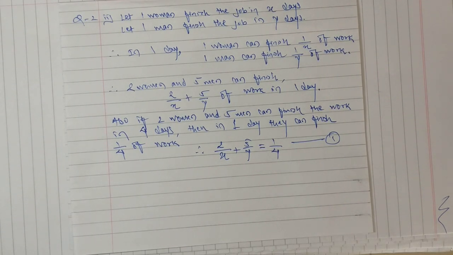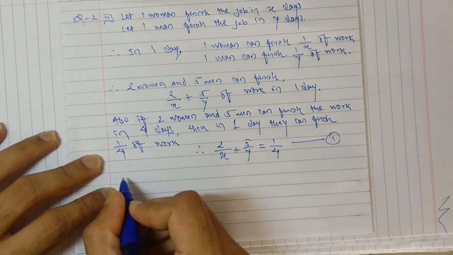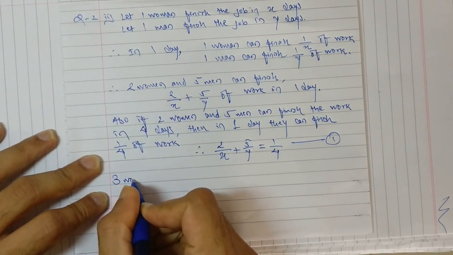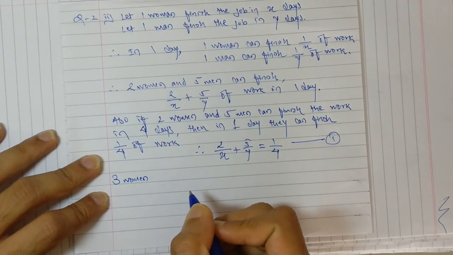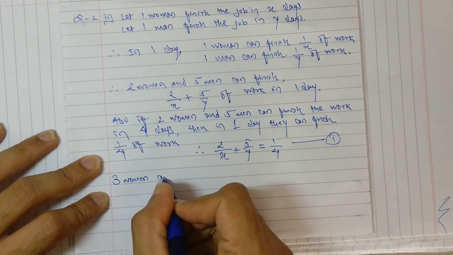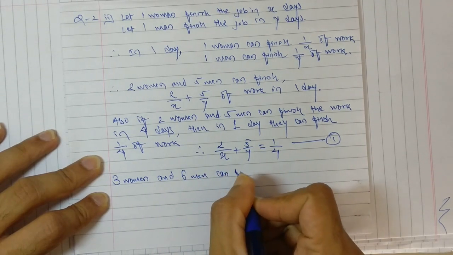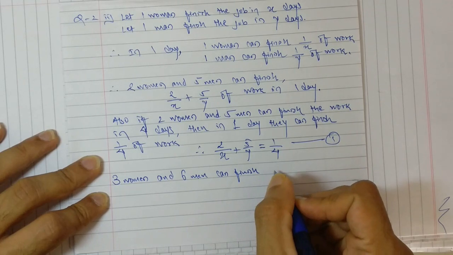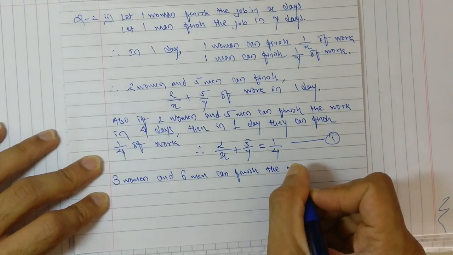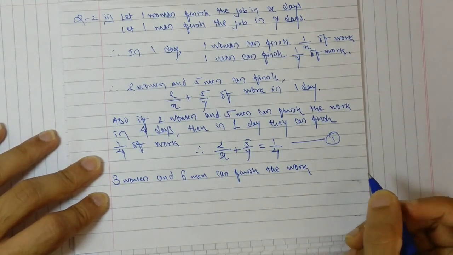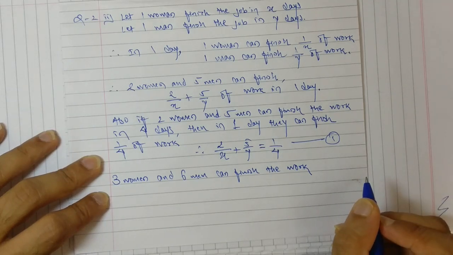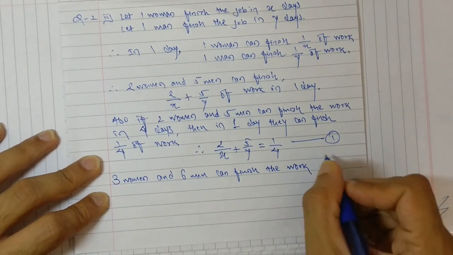We have one more condition. That condition is 3 women and 6 men can finish it in 3 days. 3 women and 6 men can finish the work in 3 days.